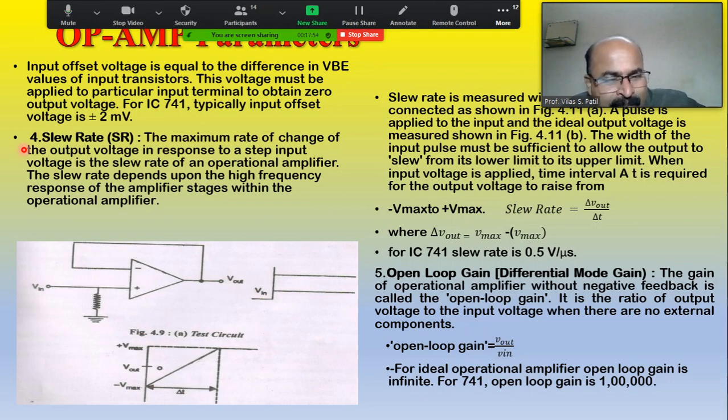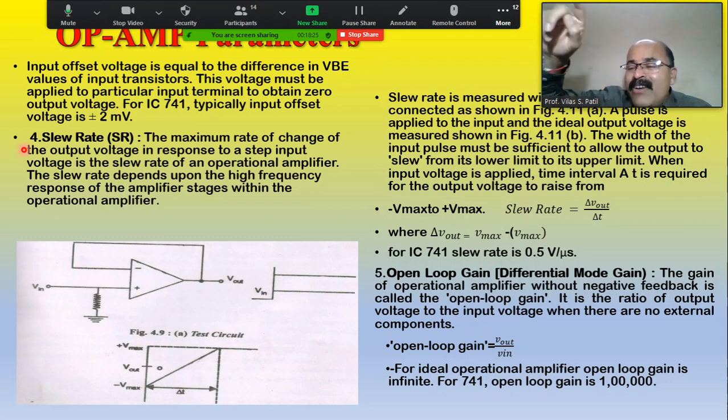The slew rate depends upon the high frequency response of the amplifier. We know that the gain will depend upon the magnitude of the frequency. In the case of the transistor amplifier, we see one of the frequency response curves, and in the frequency response curve we get the curve of the gain of the amplifier with respect to the frequency.